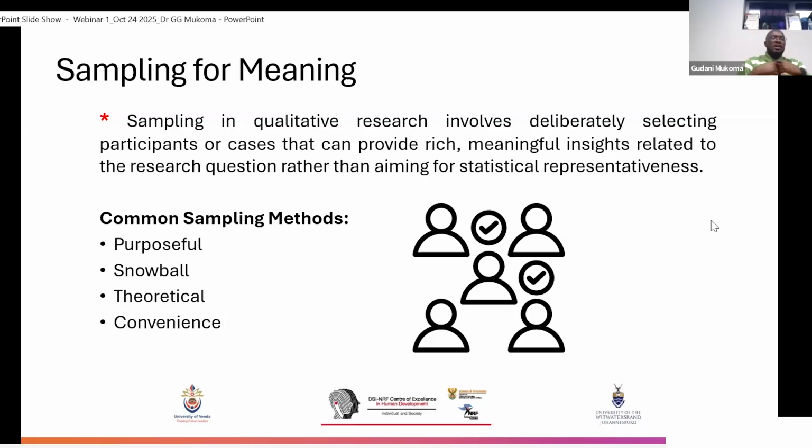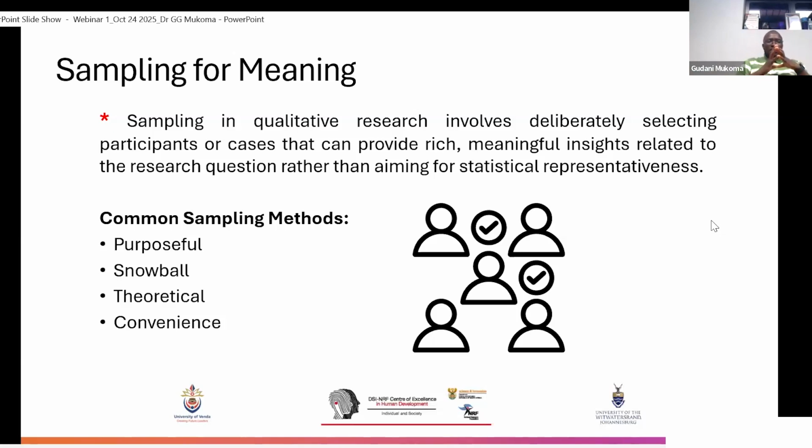So you are able to use snowball sampling to identify these hard to find groups of individuals. And this could be through referral, where one participant suggests that, Gudani could be your next participant. He's also living with this very same issue.